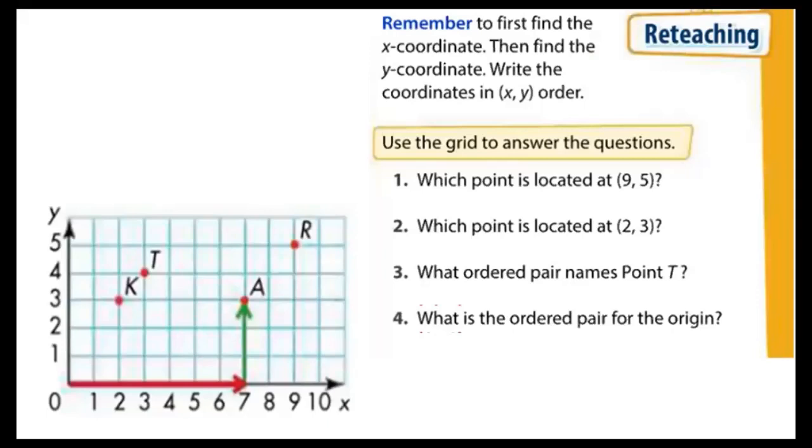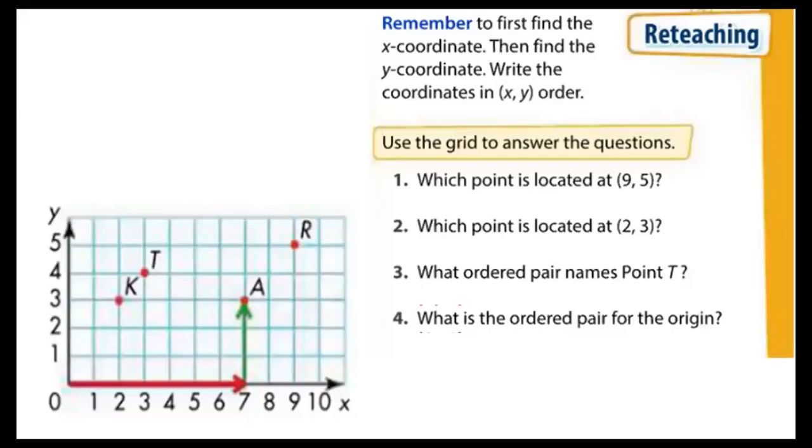Don't forget that the first one in any ordered pair represents the value of x, and the second one represents the value of y. So the order here is very important: x first and y after that. Use the graph to answer the question. Look at the graph in front of you.